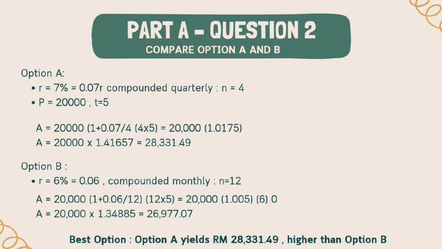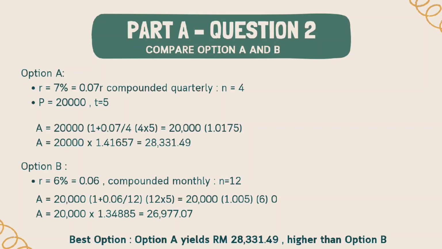The 20,000 times 1.41657, and we get 28,331.49.